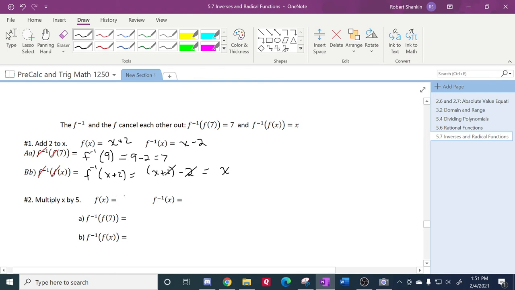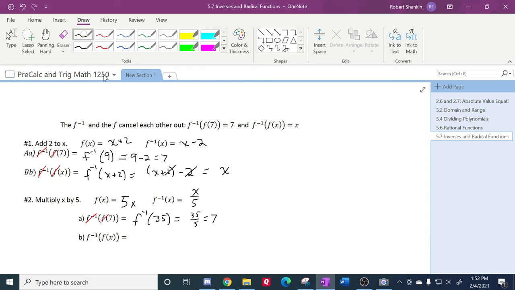Okay, this is 5x, and the inverse is x divided by 5. We just do the inner one. F of 7 is 7 times 5 is 35. F inverse of something is that thing divided by 5, which is back to 7, and yep, it's as if these things killed each other off.